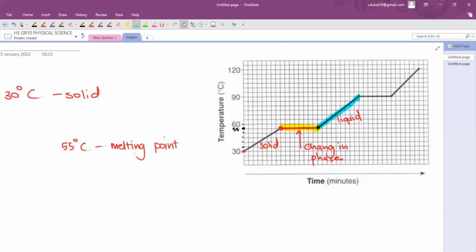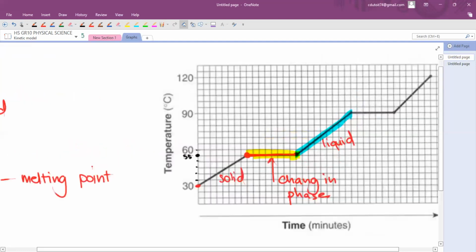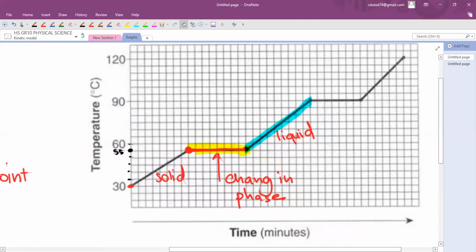Again, the temperature increases. How can we see that? Well, it's changing from 55 to 85. Oh, it's 90. Sorry. Let me get that a bit bigger. That's 90 degrees Celsius. So at 90 degrees Celsius, there's a change in phase again.